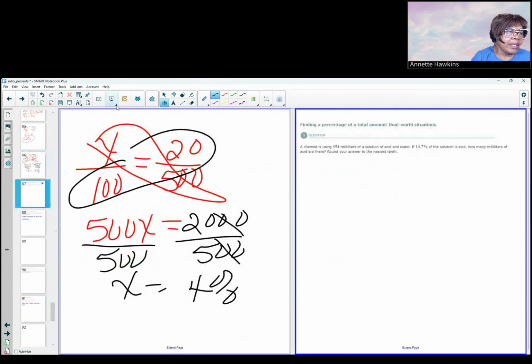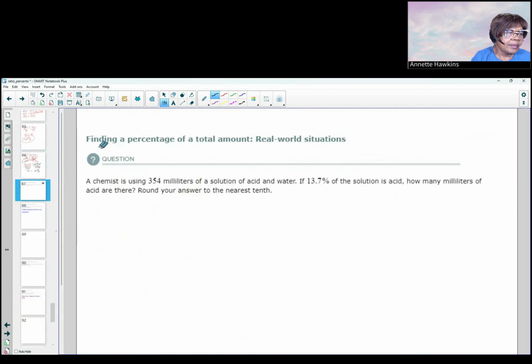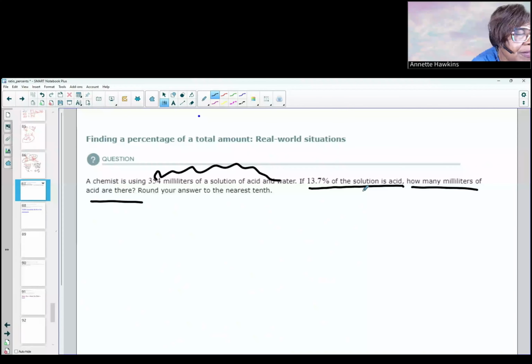All right, let's take a look at this one. It says a chemist is using 354 milliliters of a solution of acid and water. If 13.7% of the solution is acid, how many milliliters of acid are there? Now, the solution of acid and water is 354 milliliters, so that's the whole.